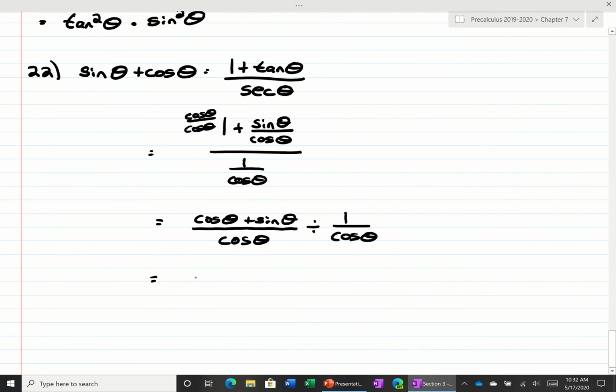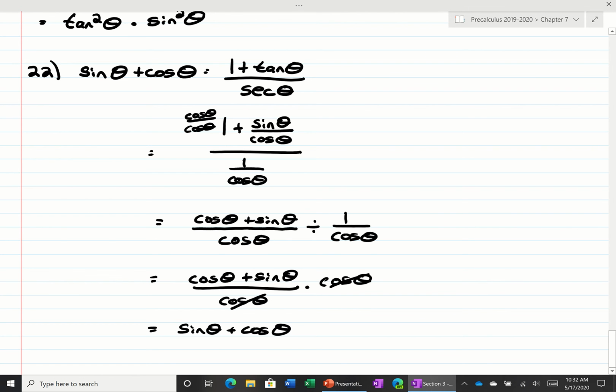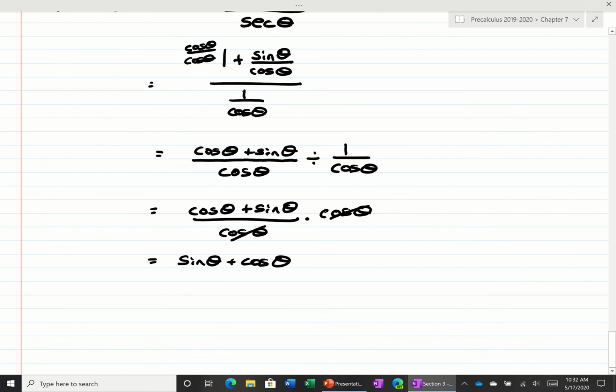Well, when you divide by a fraction, it's the same thing as multiplying by the reciprocal. These will cancel, and this is your answer, just sine of theta plus cosine. Doesn't matter what order you add in. It's called the commutative property of addition.